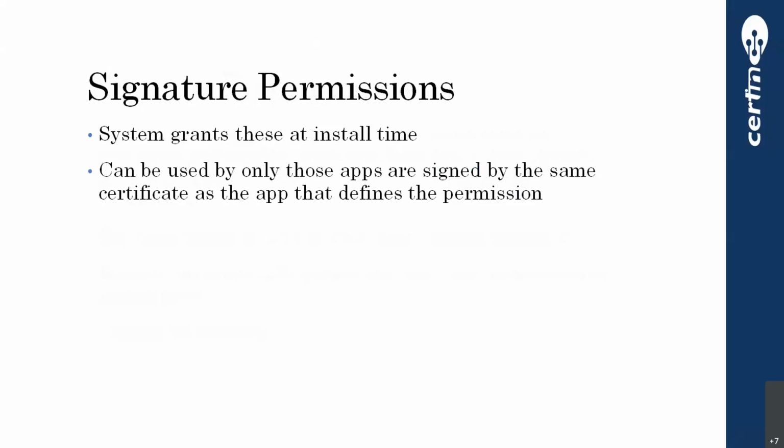So for example, Facebook and Instagram, they are owned by the same company, and if Instagram wants to use the login feature inside the Facebook application, then Facebook will define a signature permission inside its manifest file, and Instagram will declare that it wants to use this particular permission in its APK file.